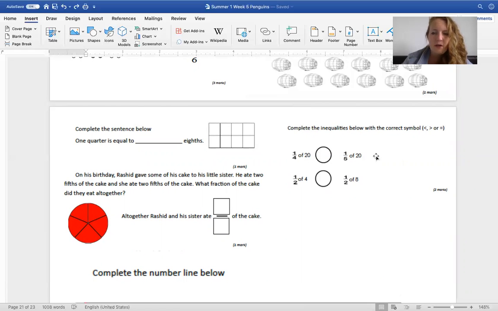Write that answer here, then compare a fifth of 20. It's the same thing, 20 divided by 5, and have that answer times 1, or what times 5 is equal to 20. Same here, half of 4, so 4 divided by 2, and a half of 8, so 8 divided by 2. And once you find the answers, put in the corresponding sign.